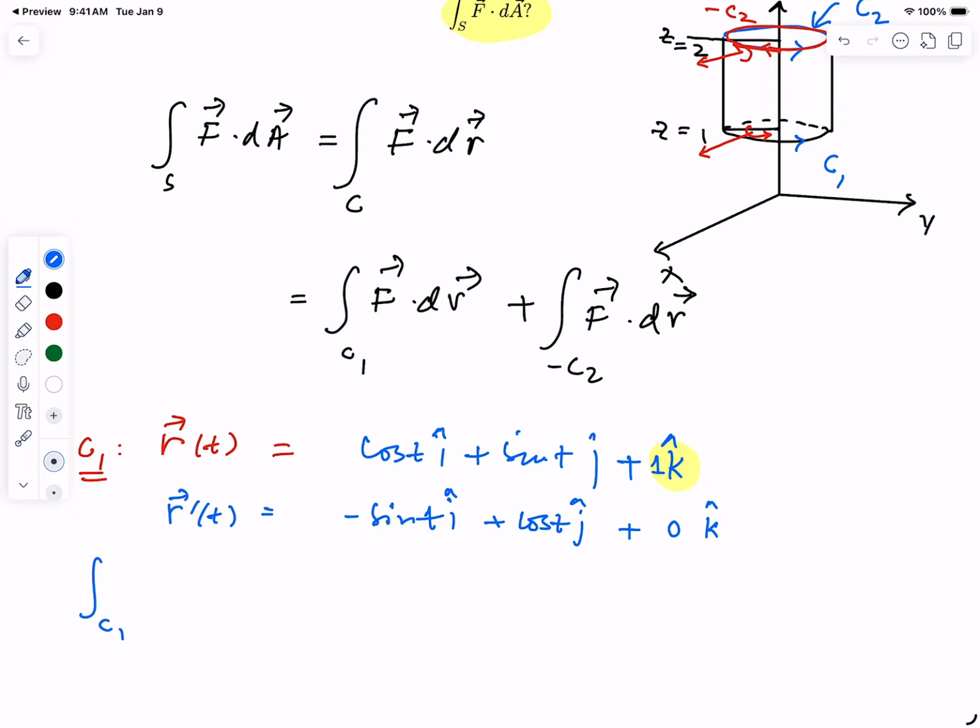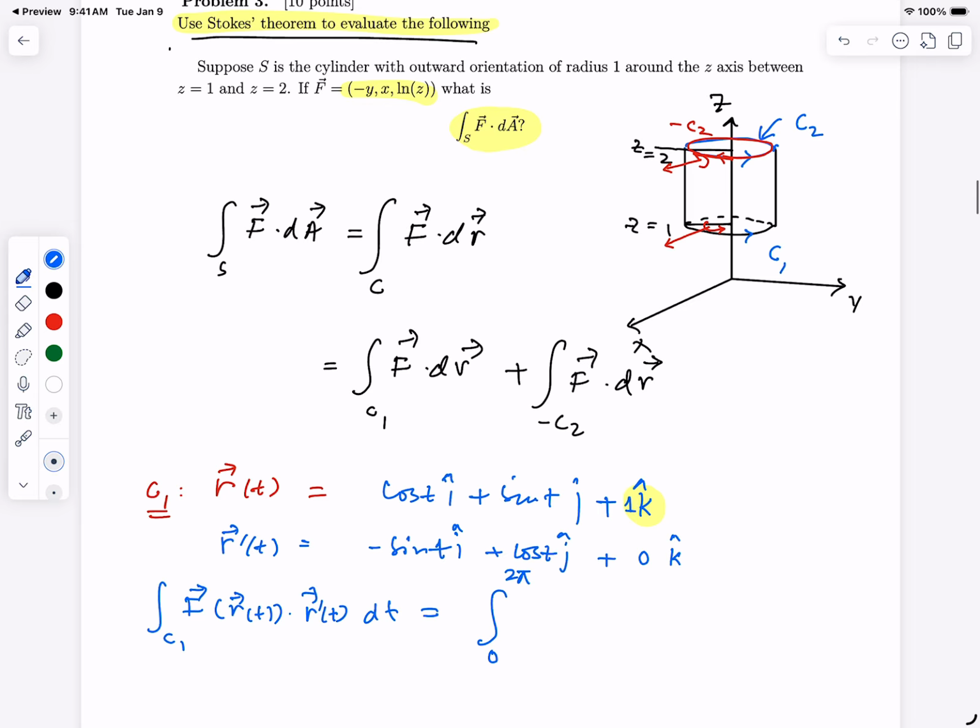And now along C1 we compute the line integral by using this formula, F of r of t dotted with r prime of t dt. So it's 0 to 2 pi, because that's a complete circle. F of r of t means in this vector field I replace everything with the parameterization.